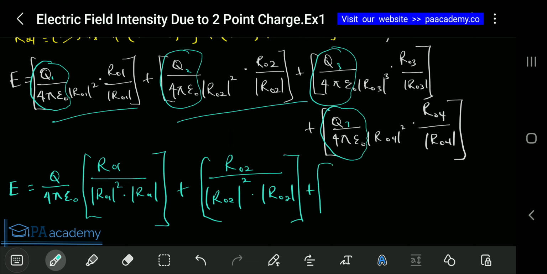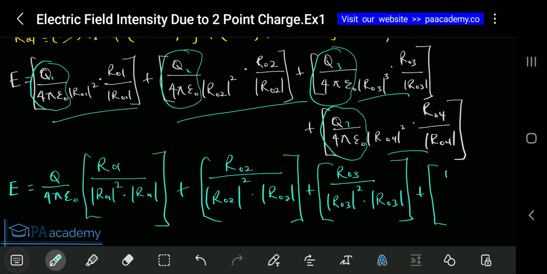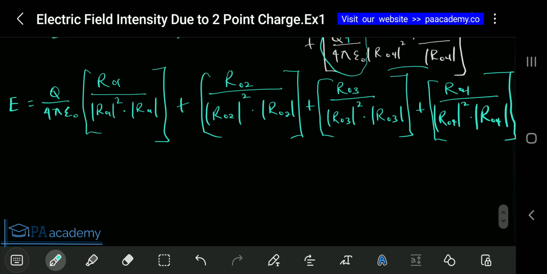Then plus RO3 over its magnitude of RO3 all squared, and then RO3. So this is it. Then for the last one, that will be RO4 over the magnitude of RO4 squared, multiplied by the magnitude of RO4. Then we close our square brackets.